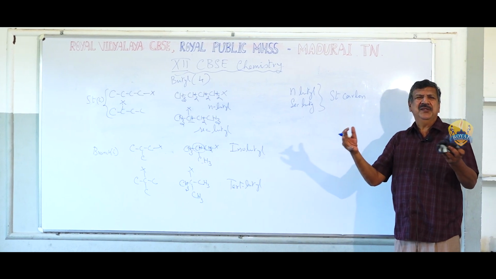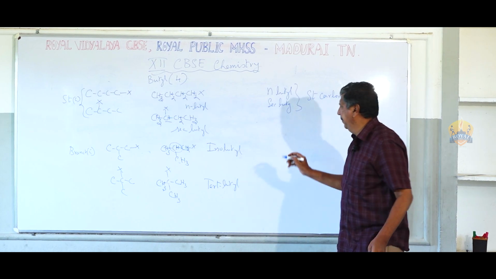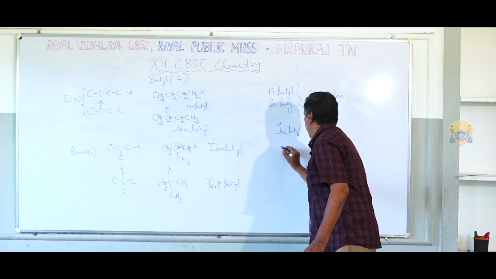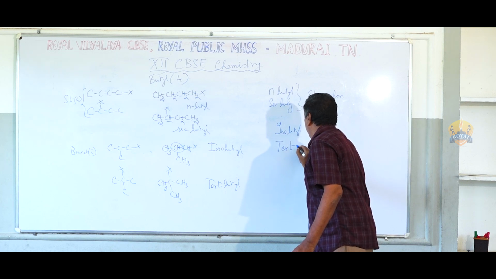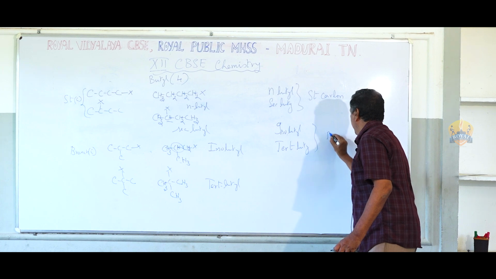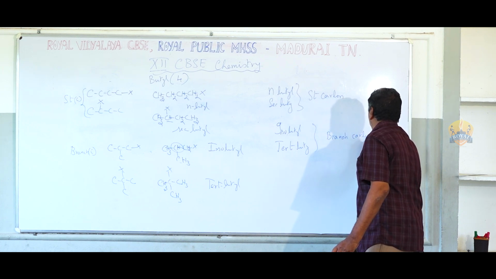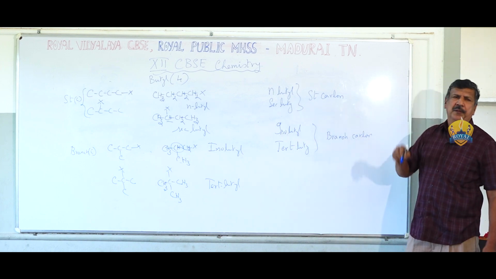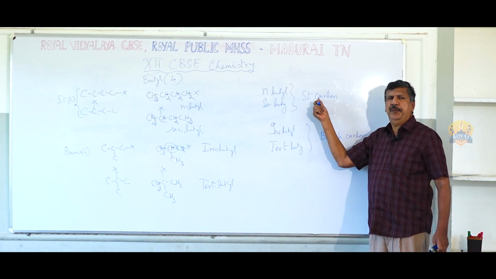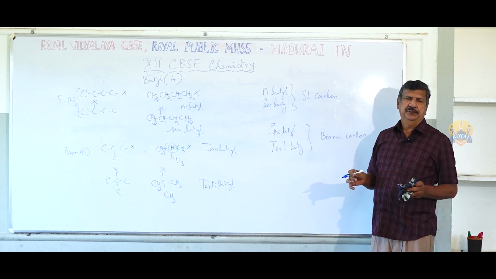They are like brothers. They are related. Similarly, isobutyl and tertiary butyl are created from the branch chain. Branch carbon. This is the main difference. These two from the straight chain of carbon and these two from the branch chain.